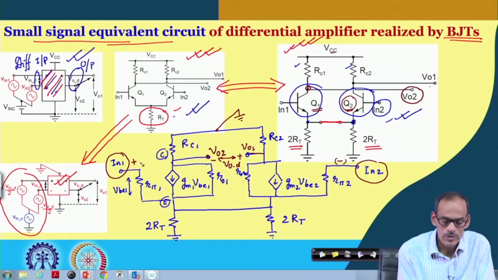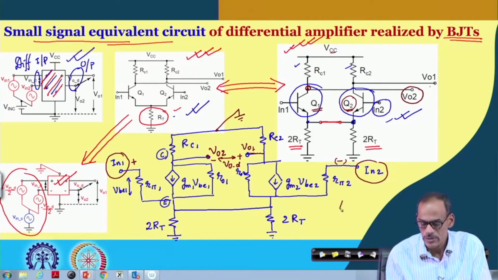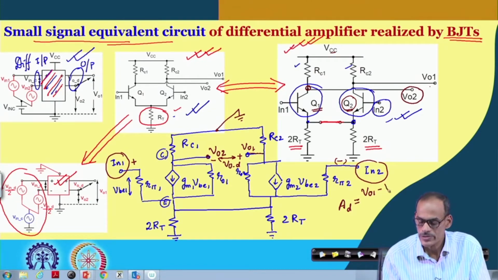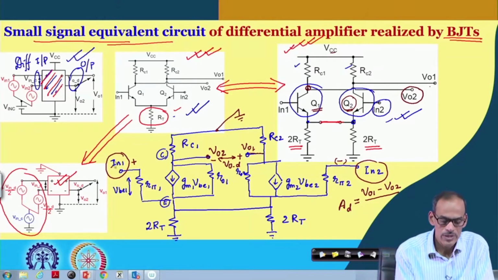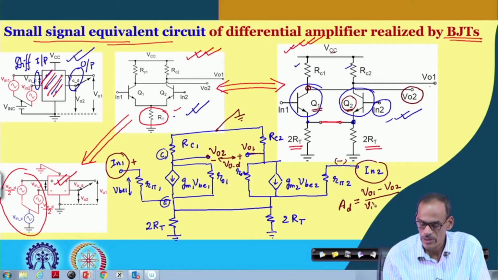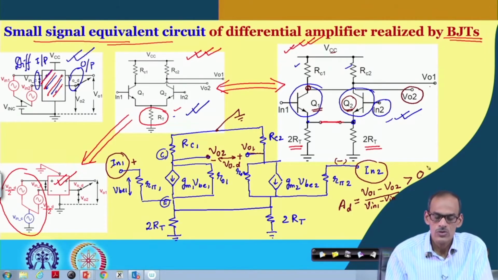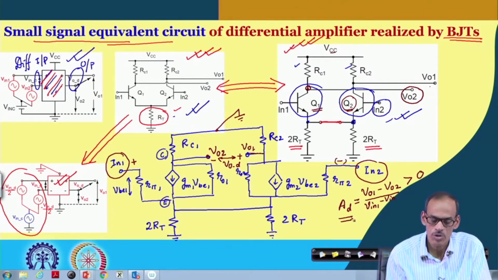Then with this convention we get AD, the differential mode gain, defined as VO1 minus VO2 divided by V in 1 minus V in 2. So, this becomes positive. We just like to have this AD positive. It is just a convention.